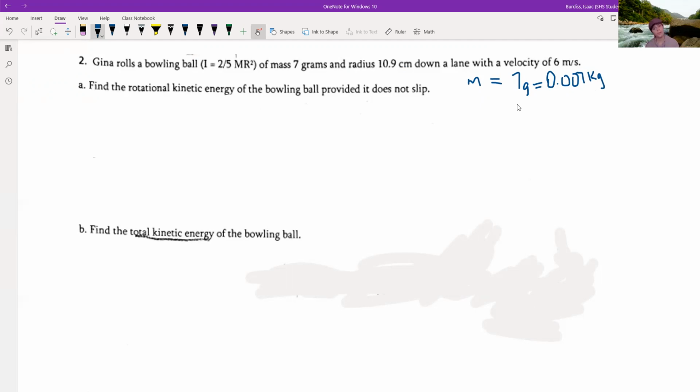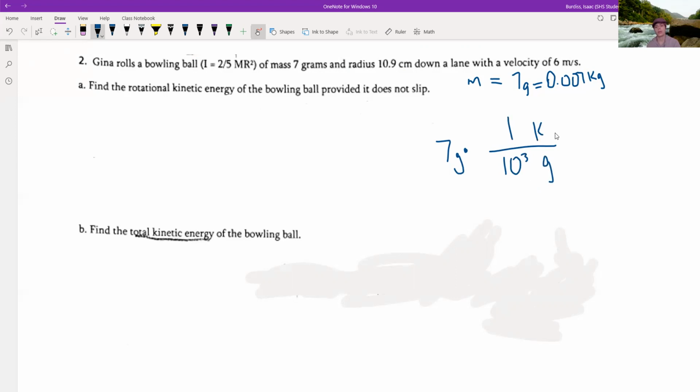So 7 grams, and when you're doing a unit conversion, 10 to the third grams is equal to 1 kilogram.